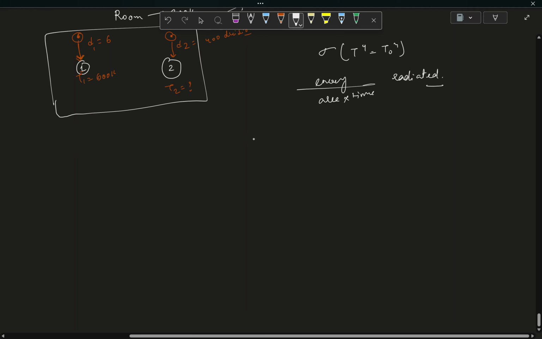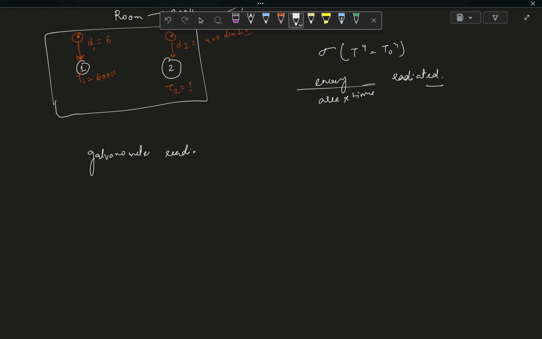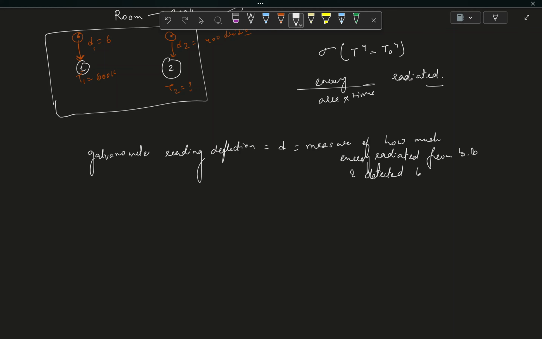Because you know that the galvanometer reading, the deflection equal to D, is the direct measure of how much energy is radiated from the black body, BB in short I am writing, and detected by our pyrometer.